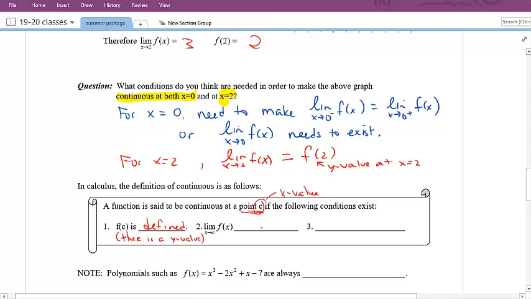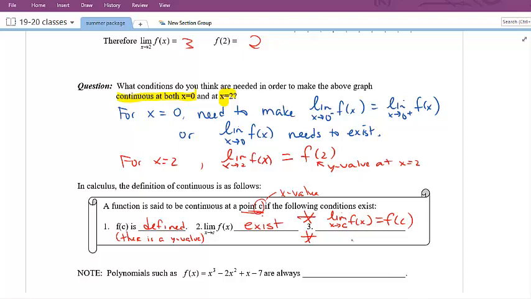The limit at c must exist. So when I approach that value of c, the y value must also exist somehow. And the key thing after that, and star of this, is that the limit at c must equal the value at c. And if you have these conditions, then you know it is continuous at a certain point.